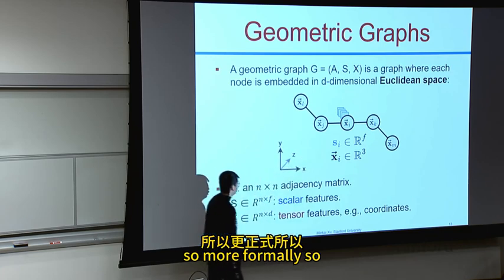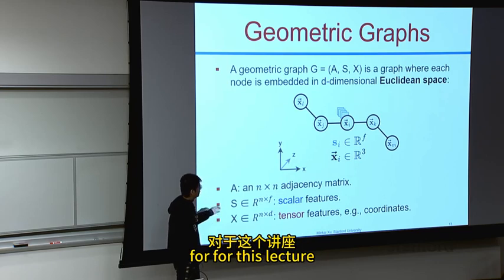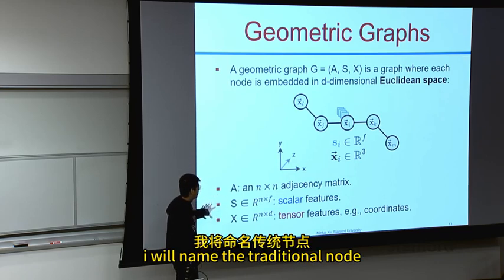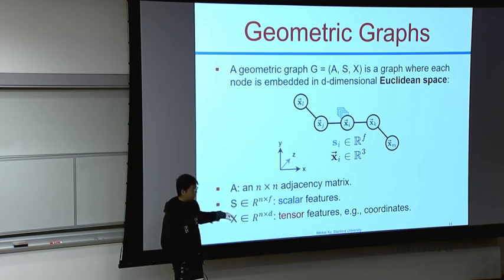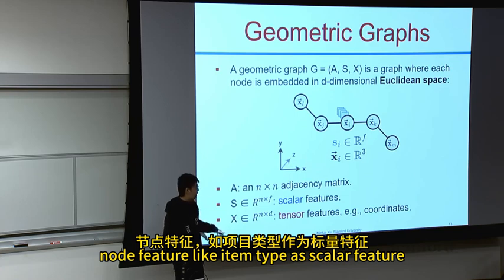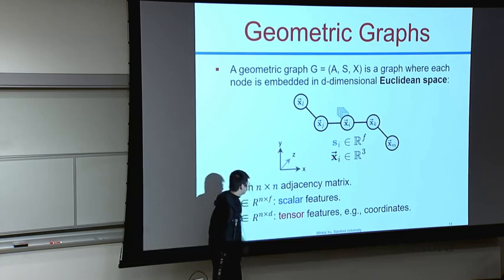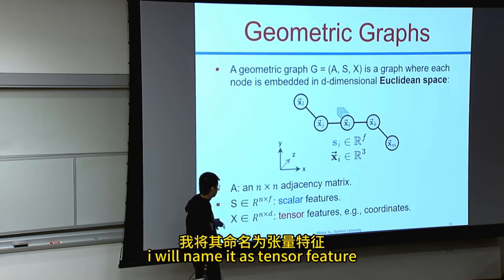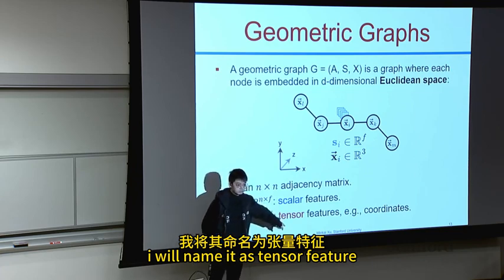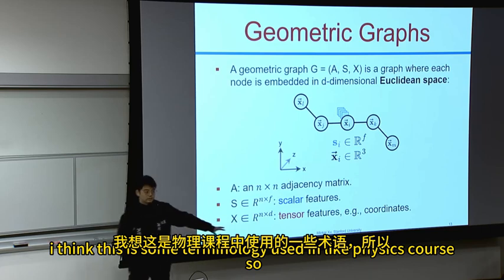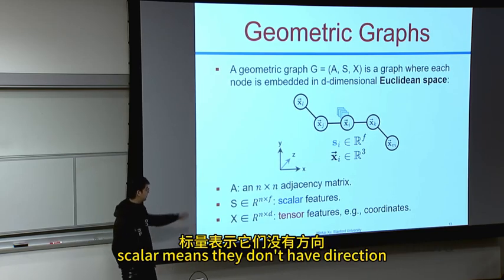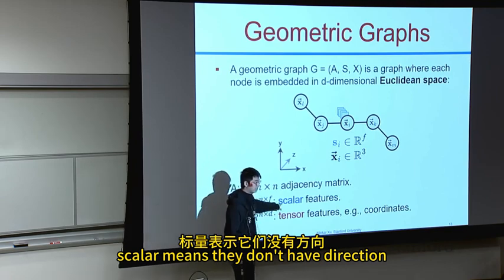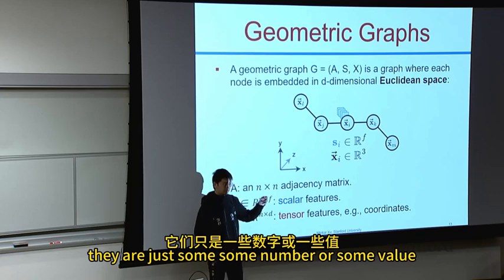More formally, for this lecture, I will name the traditional node feature, like atom type, a scalar feature. But for the coordinates, I will name it a tensor feature. I think this is terminology used in a physics course. Scalar means that they don't have direction. They are just some number or some value.